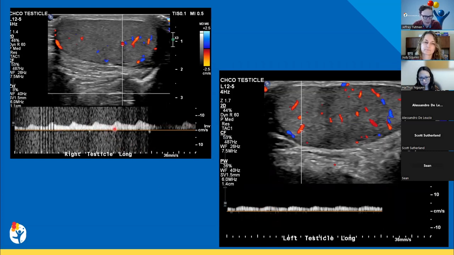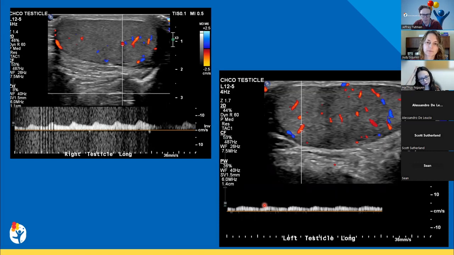In this particular case, we have that twist in the cord, so I think this is real. So it looks like it's more of a kind of a tardus parvus waveform, lower velocities on the left compared to the right. But if you saw something like this without other concerning findings, would you raise concern about that, or how do you think about the waveforms as far as how you evaluate these?